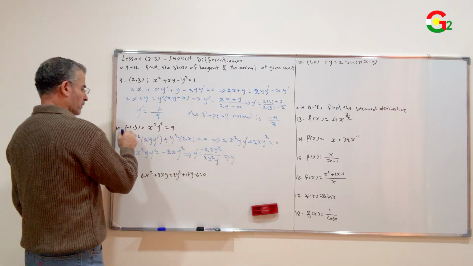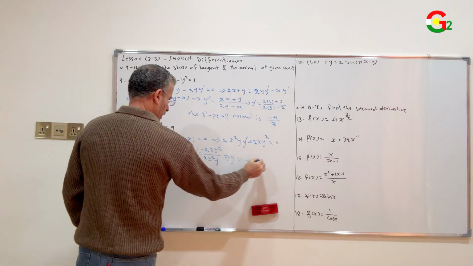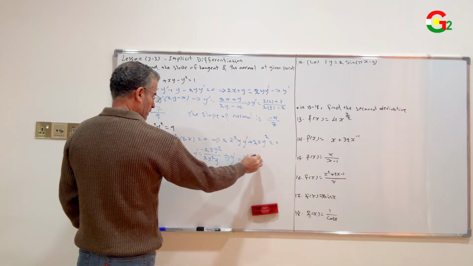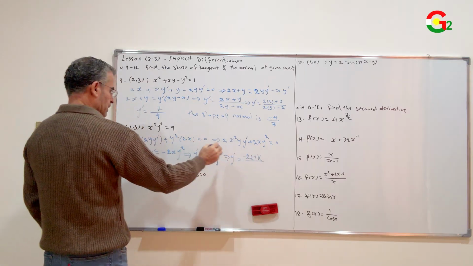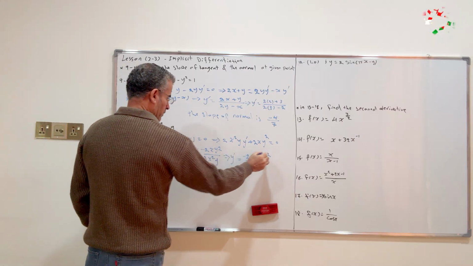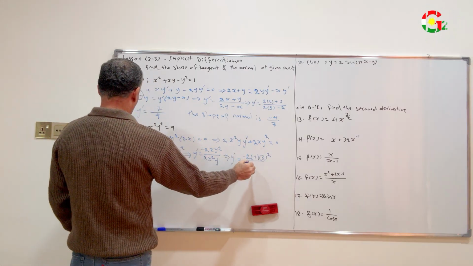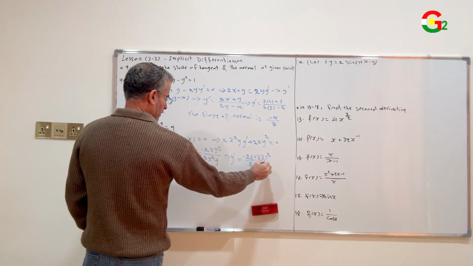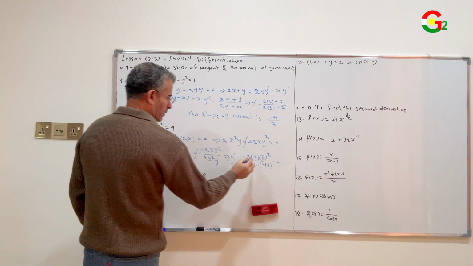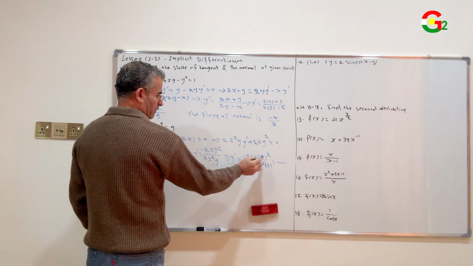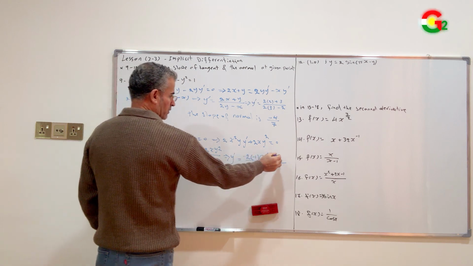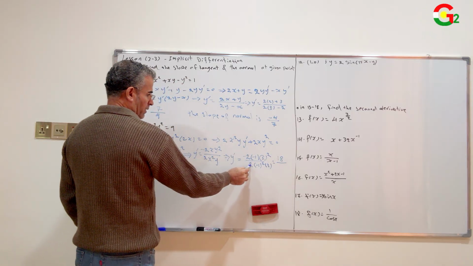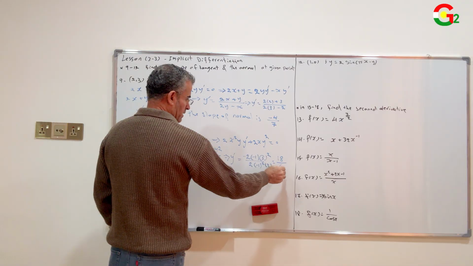At the point negative 1, 3, y prime equal to negative 2 times negative 1 times 3 square over 2 times negative 1 square times 3, equal to negative times negative positive, 3 square 9, 9 times 2, 18 over negative 1 square 1 times 2, 2 times 3, 6.